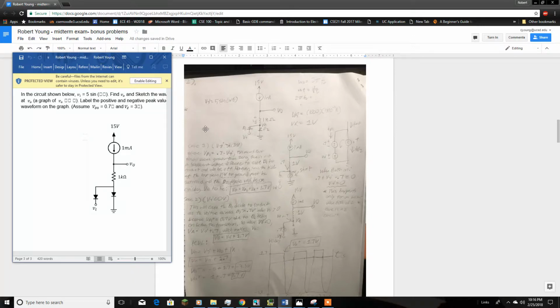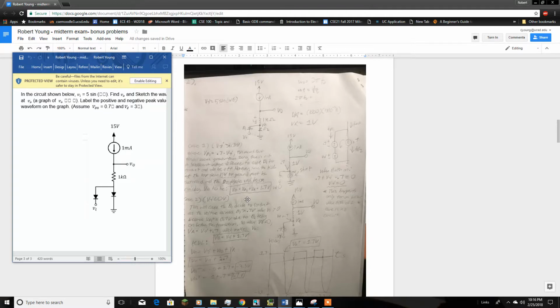For the case when V_I is greater than 0, since V_D1 is equal to 0.7 minus V_I, for all values greater than 0 there is not a significant voltage difference to cause D1 to conduct, so it will be off.